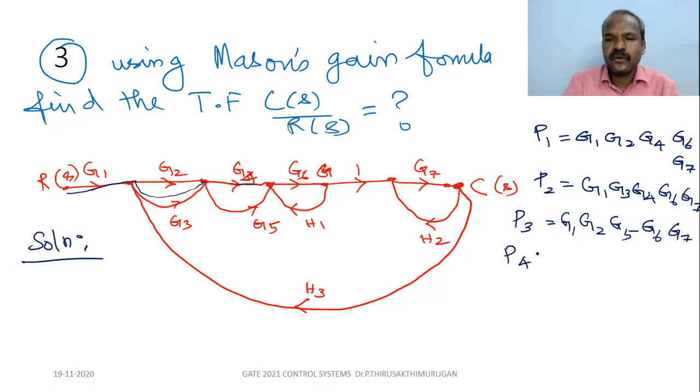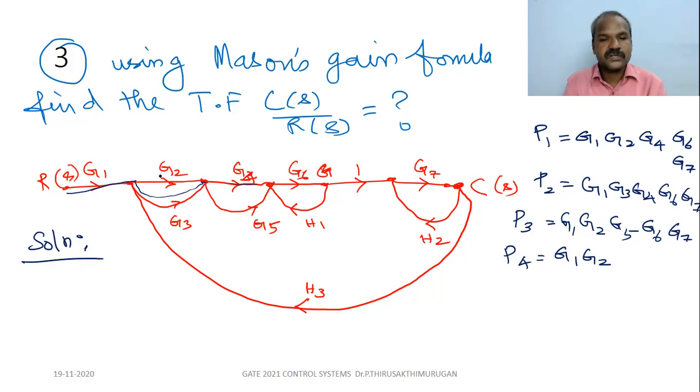What is P4? G1, G2, G5, G6. Okay. The first forward path is G1, G3, G4, G6.